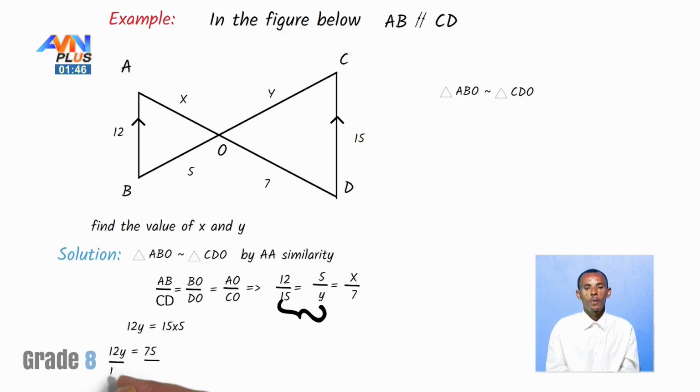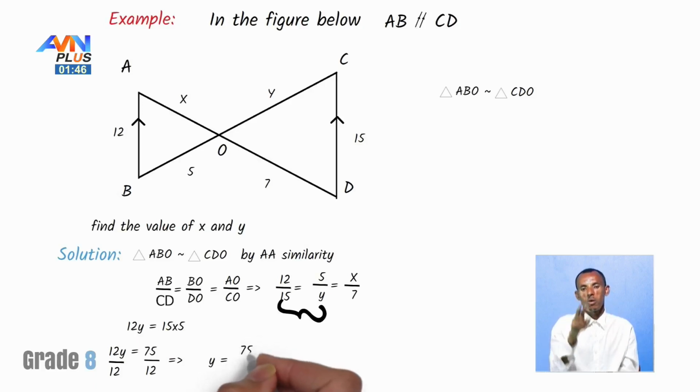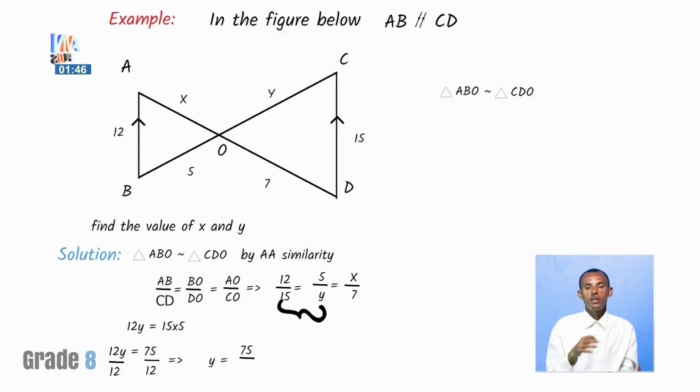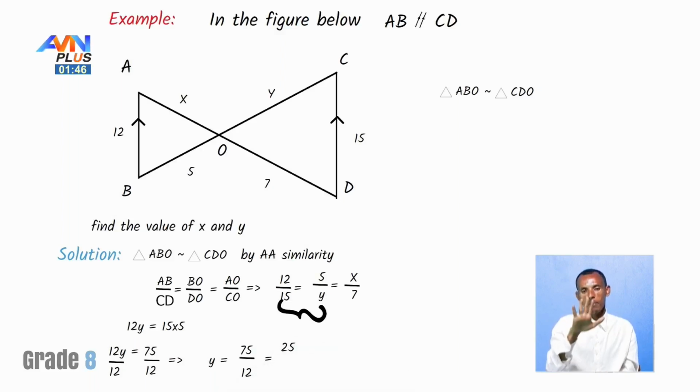So now you can easily get the value of Y here by dividing both sides by 12. So Y becomes 75 over 12. Or you can write the simplified form of 75 over 12. By 3, it's 25. By 3, it's 4. So the value of Y in this figure must be 25 over 4.